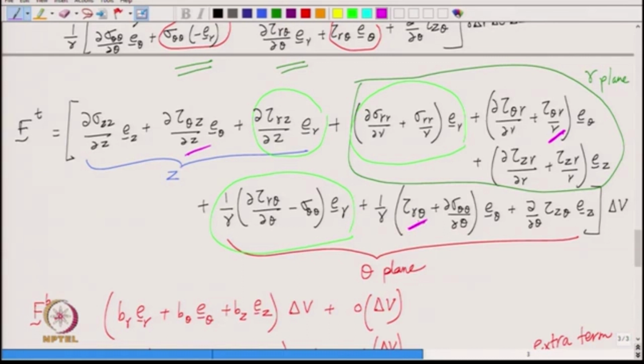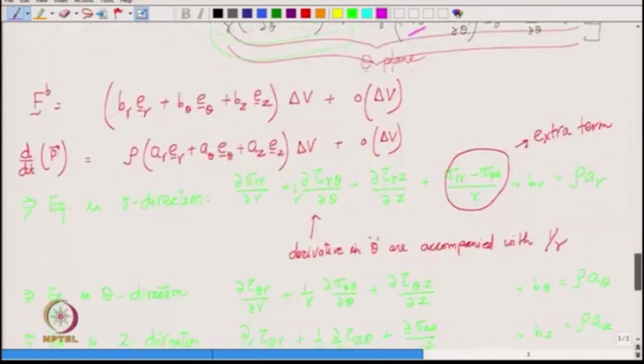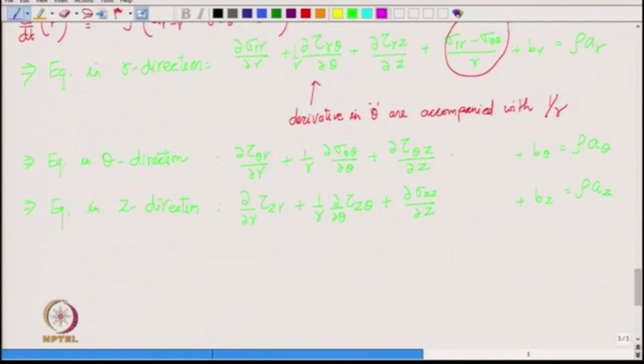So, there are two extra terms which we have not written down, tau theta r and tau r theta, but we know that because stress is symmetric, tau theta r is same as tau r theta. So, it simply becomes 2 times tau r theta over r. So, the extra term here is plus 2 times tau r theta over r.